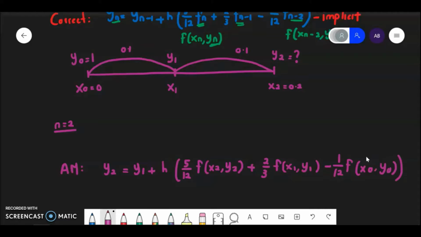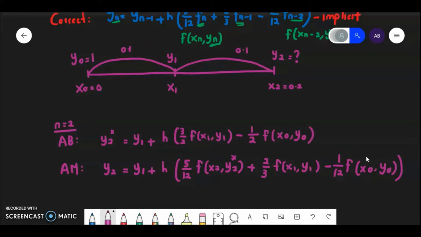Okay, so how am I going to get this x2, y2 here? That's why you need Adams-Bashforth to predict the y2 dash here. So the y2 dash is given by Adams-Bashforth, which is y1 plus h times 3 over 2 f of x1, y1 minus 1 over 2 f of x0, y0.